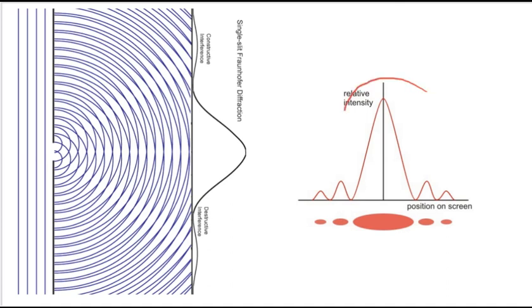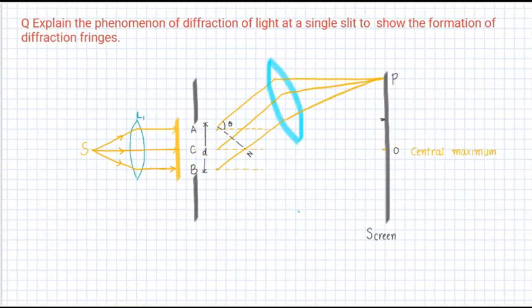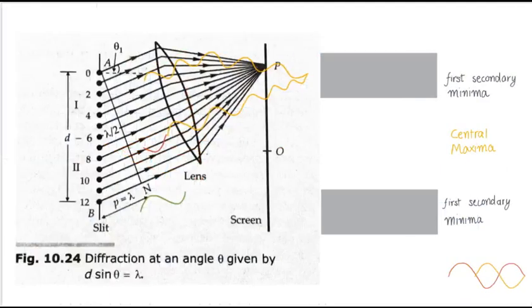But whereas this dark fringe represents your destructive interference, where the two waves cancel each other, the wave coming from the first half and the wave coming from your second half. In this case, the wave coming from the first half cancels the wave coming from your second half.